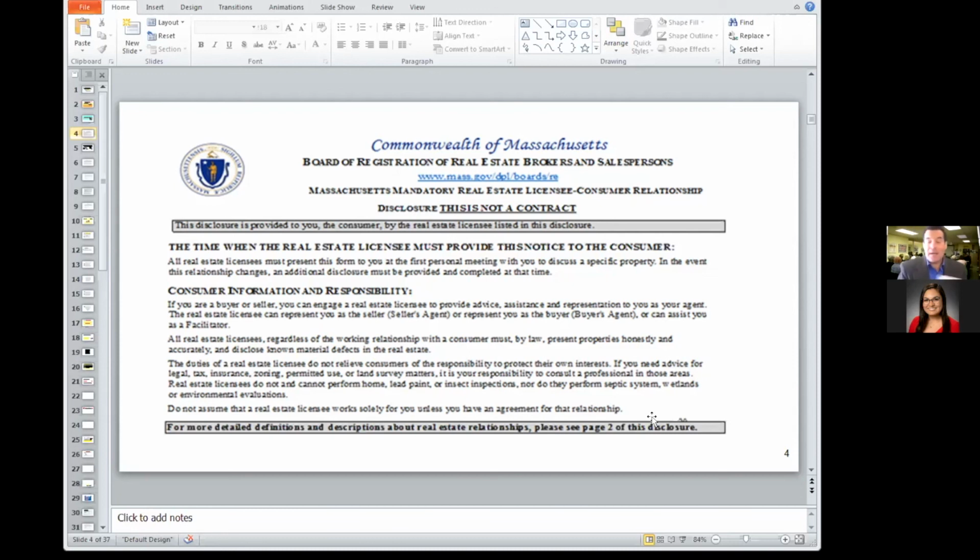So it's Article 9 of the code. Anybody can type Article 9 on Google, National Association of Realtors, Article 9, and read it. And it says it right there.